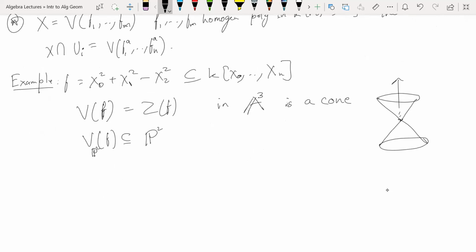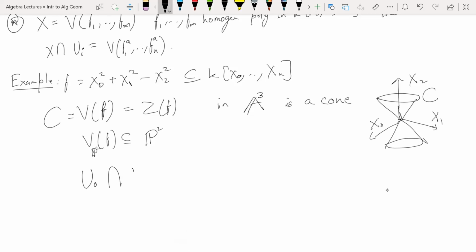You draw the real picture: the positive X2 axis, the negative X2 axis, capital X0 and capital X1. Now you want to look at various affine pieces of it. So this is our cone. Let's give it a name, C.